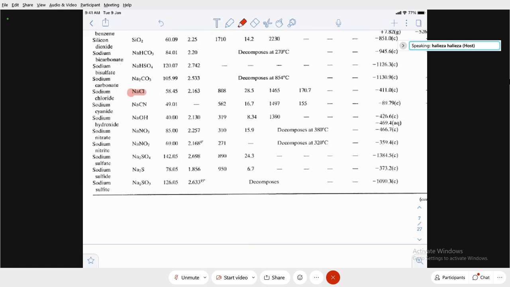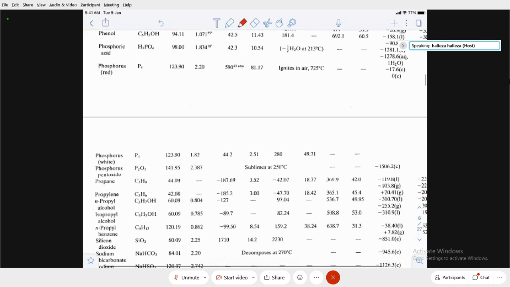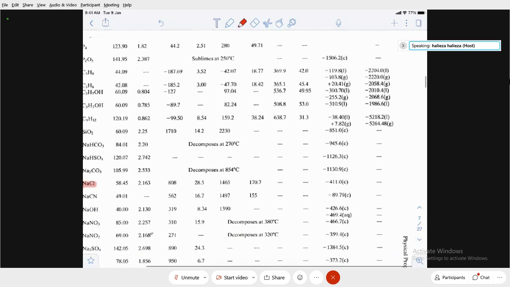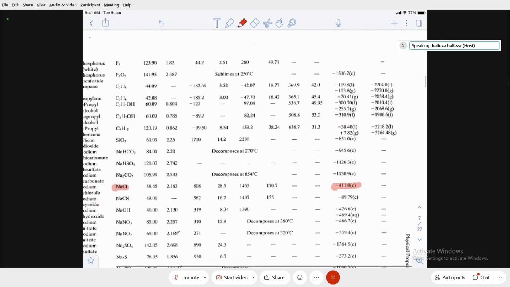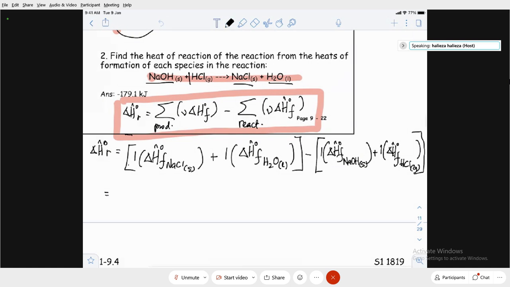Let's see, which column is this? That's your heat of formation. The very last column is the one for heat of combustion. So that is negative 411. Let's put that value. Negative 411.